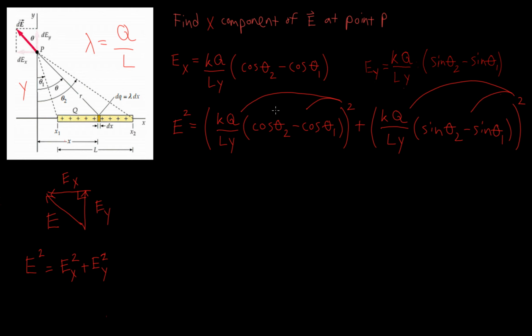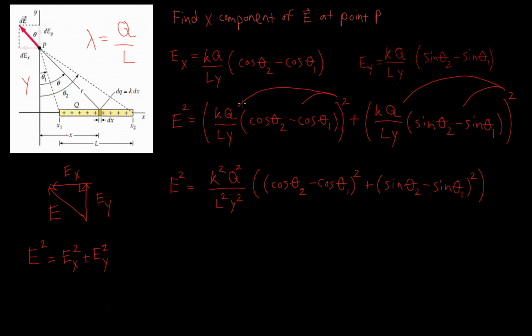This entire parentheses, cosine of theta 2 minus cosine of theta 1, would also be squared, and sine of theta 2 minus sine of theta 1 would also be squared. When we distribute this exponent into kq over ly, we get k squared times q squared divided by L squared times y squared.